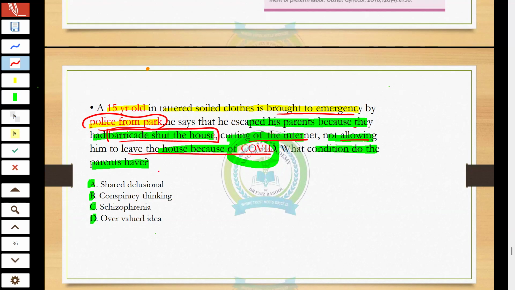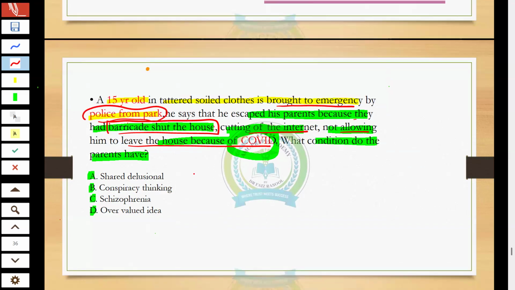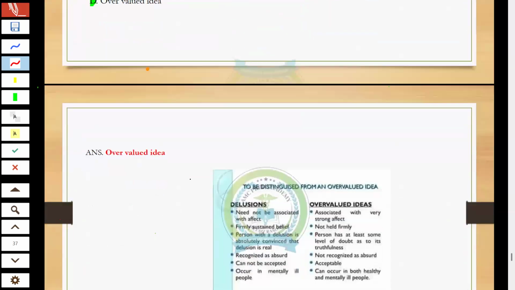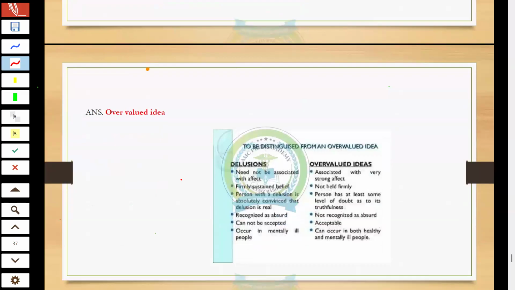So, what condition do the parents have? It means giving extreme importance to one thing which reality doesn't deserve. Okay, let me see the answer. So, the doctors' answer is overvalued idea.